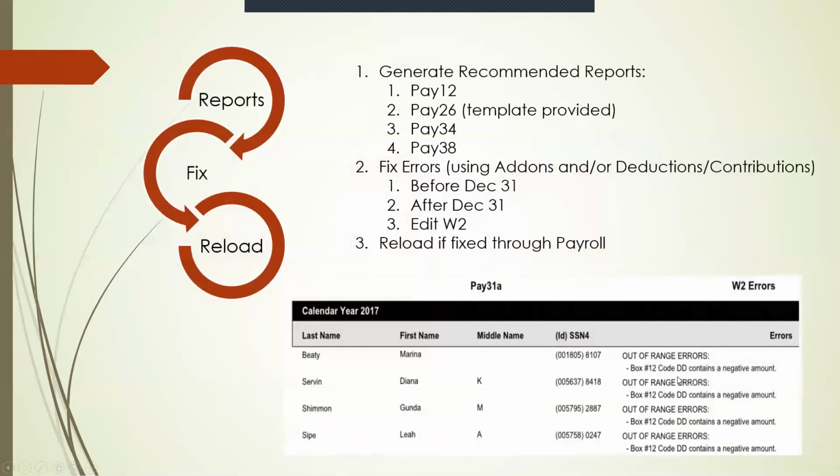And typically where this comes into play is if you paid an employee in 2017, and then they left the school, and in the beginning of 2018, you reimburse them for health insurance deductions that were processed. Well, those health insurance deductions are going to be a negative, so it's going to report a negative amount, which is incorrect, and it'll error with Social Security. So we're going to need to get those corrected and removed.